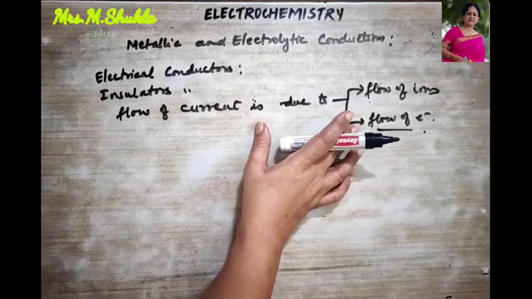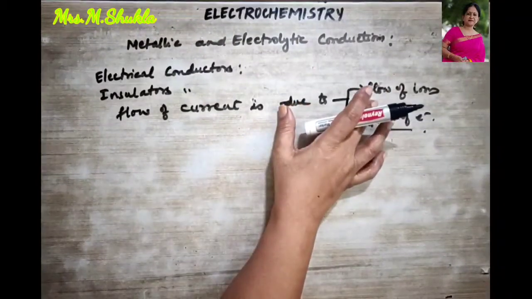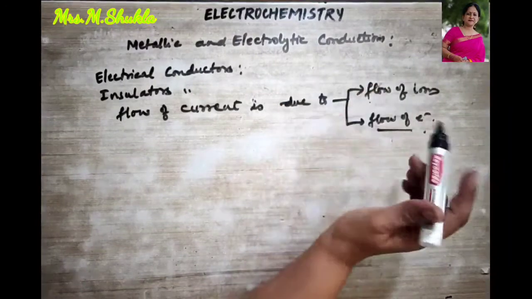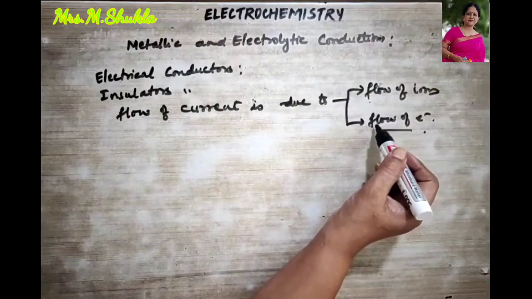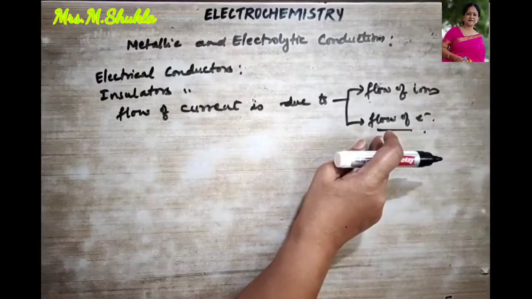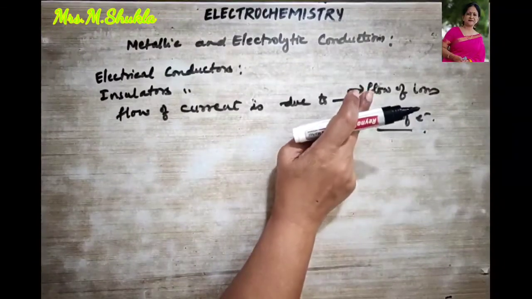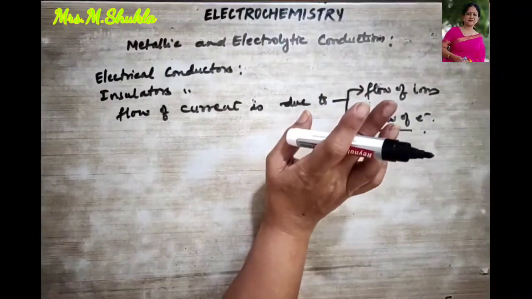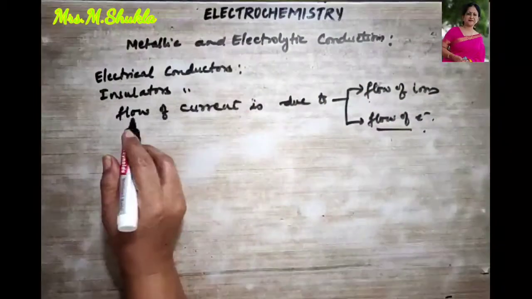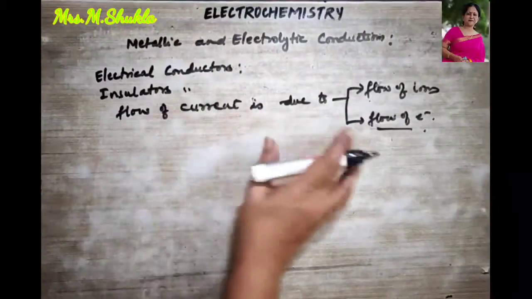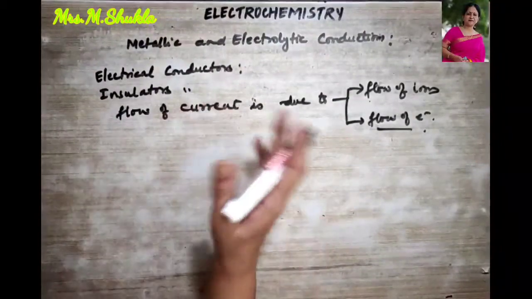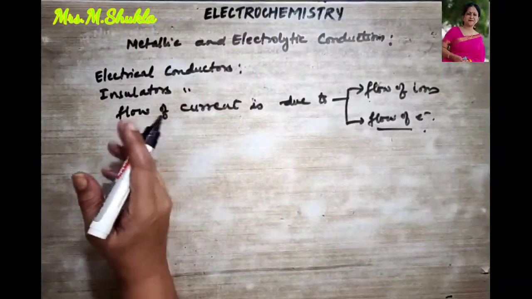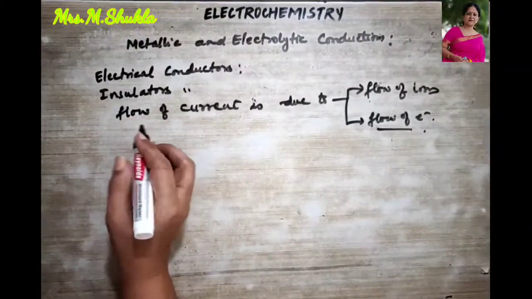And the next important point is that electrolytic conduction increases with the increase in temperature. Metallic conduction decreases with the increase in temperature, but electrolytic conduction increases with the increase in temperature. Clear? Now if we classify the electrolytes, I'm not writing it down much because I know you have already studied this a number of times. So I am just going to give you a review of whatever we have studied.